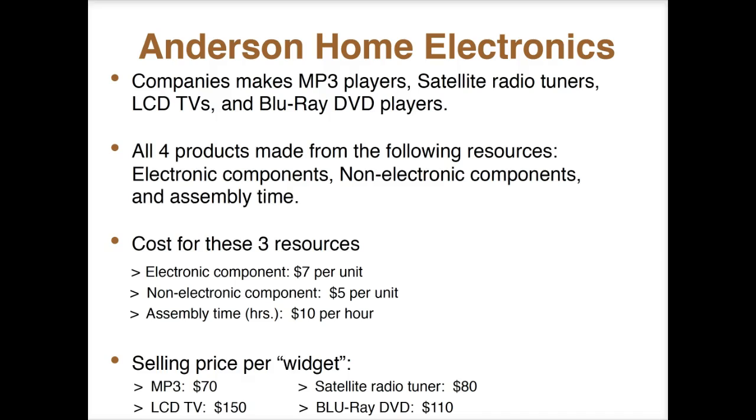So this example that we have here is of an electronics company called Anderson Home Electronics. This company makes MP3 players, satellite radio tuners, LCD TVs, and Blu-ray DVD players. To make this simple, we have everything categorized in terms of electronic components, non-electronic components, and assembly time.